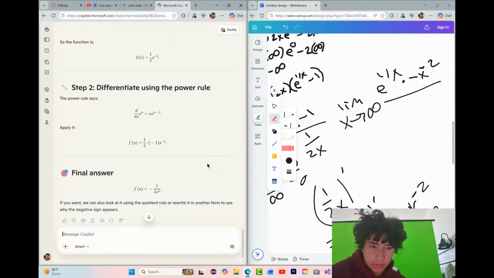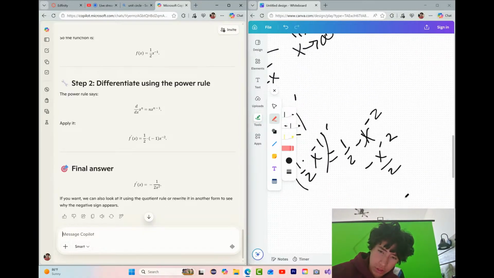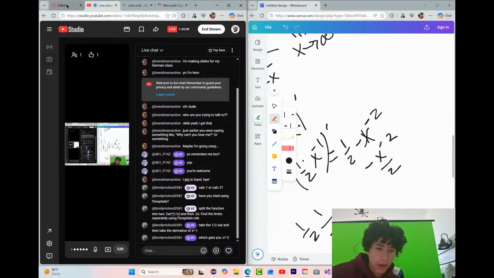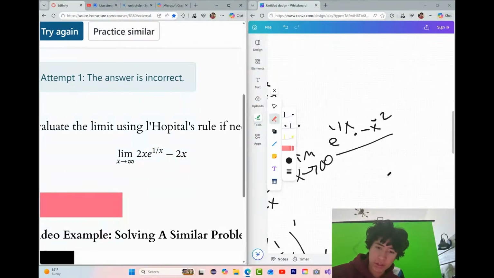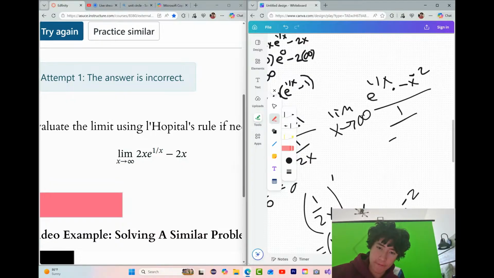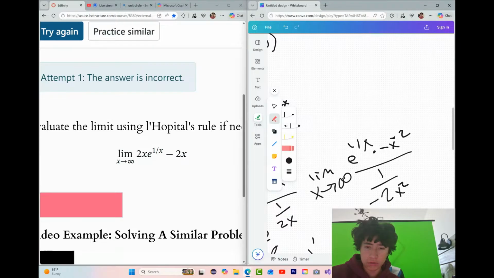I think this is correct, but a simpler way would be, there you go. Beautiful. So we have 1 over negative 2x. So, hold on, where are we?